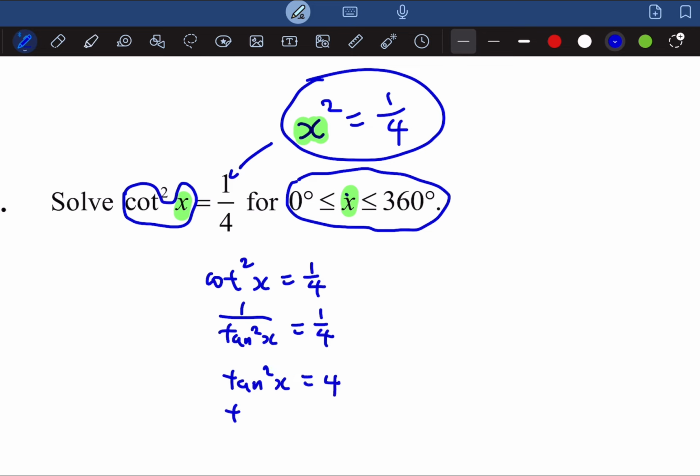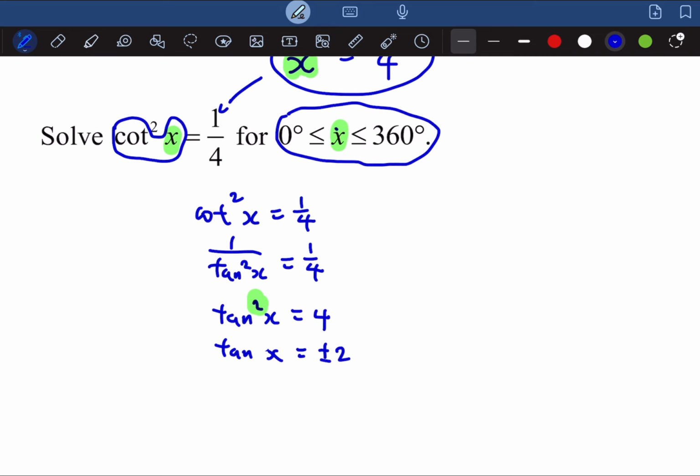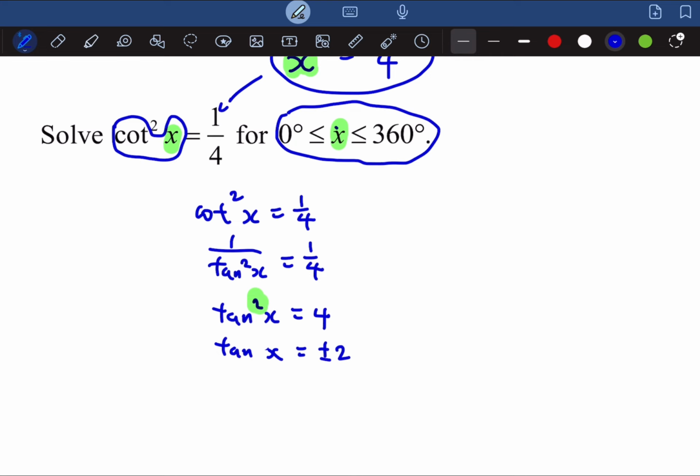Then I square both sides. To take note, tangent square x equals 4. So when I square both sides, I have two values, plus minus 2. Be very careful, there are two values. Why are there two values? Because it's a square. It's like quadratic, we have two answers. Then from here, because it's tangent x, I say again, this x is the angle the hypo has rotated.